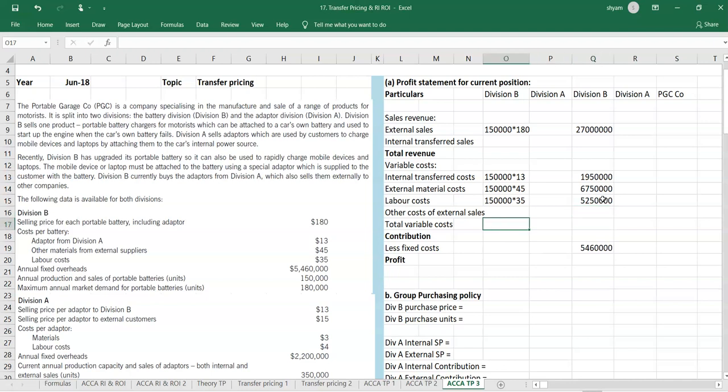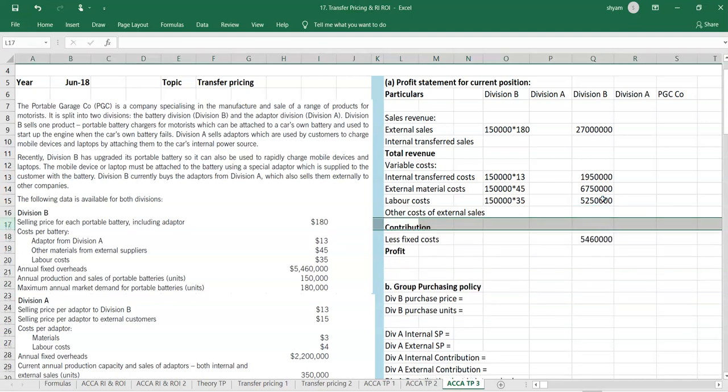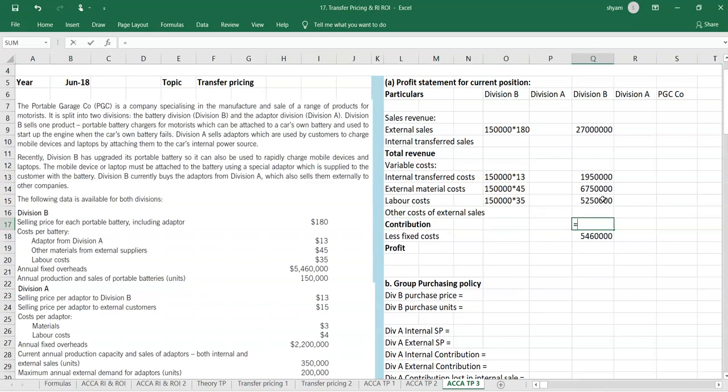Let's get the contribution here. So we got our division B profit. Let's get division A profit.